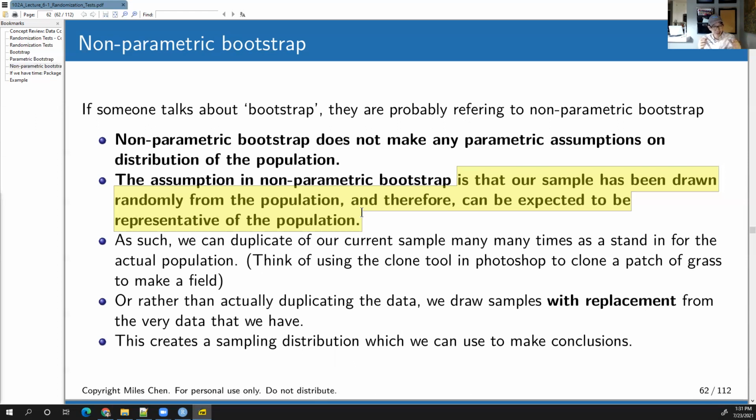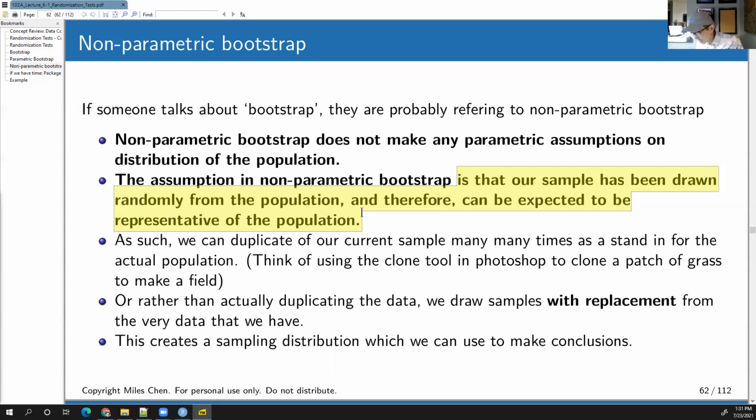So if I have a sample, I'm going to take the sample and clone it a whole bunch of times, and now I've got this big thing that looks kind of like my population, right? I don't know if you guys have played around on Photoshop, but you can take a patch of grass and clone it, and then fill out a whole field with grass, right?